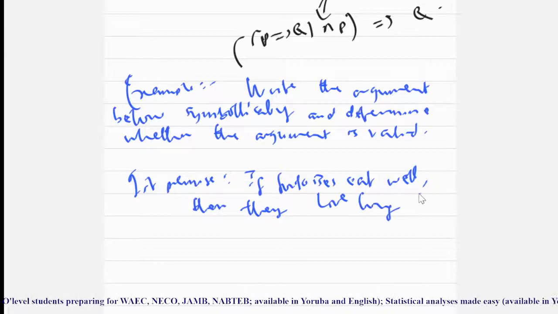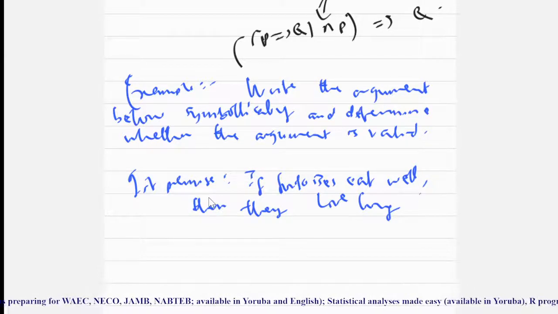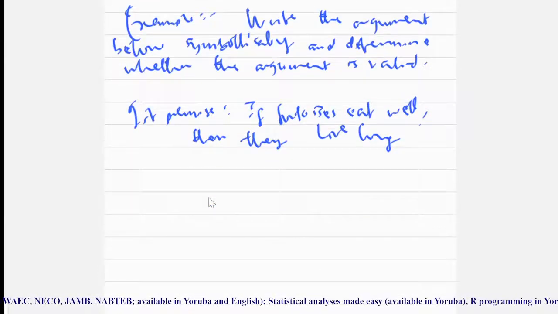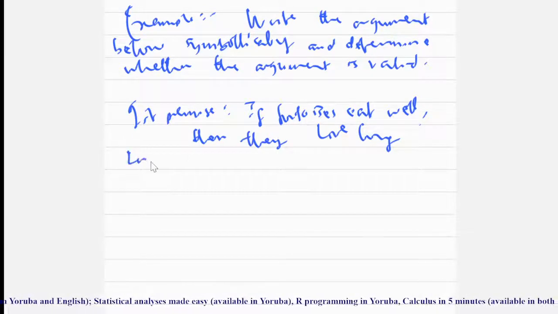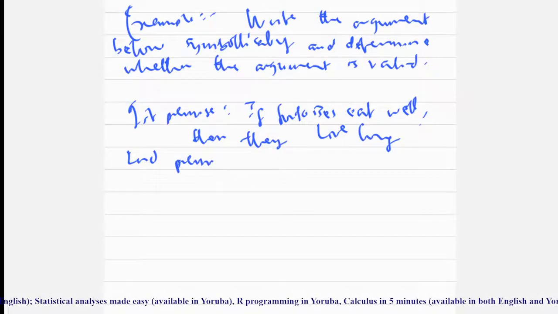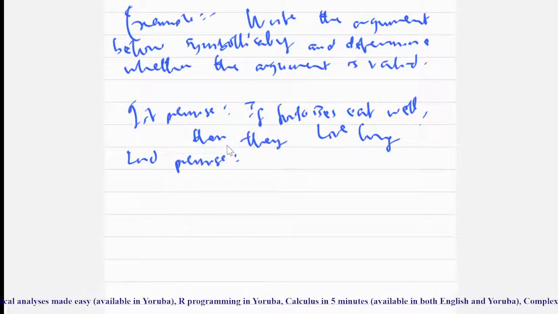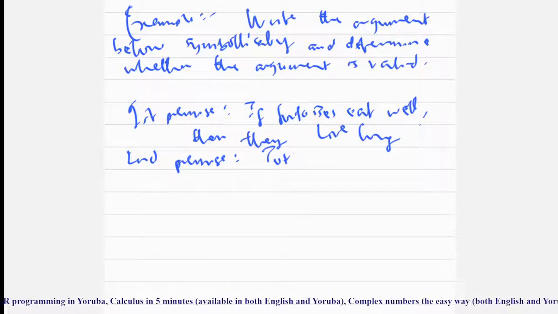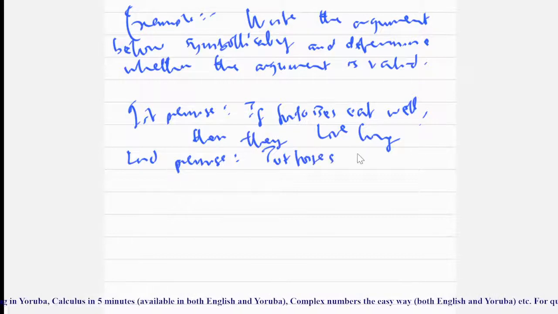It's a set of propositions because we have two propositions there. Tortoises eat well is a proposition. Then they live long is another proposition. Then the second premise is: tortoises eat well.